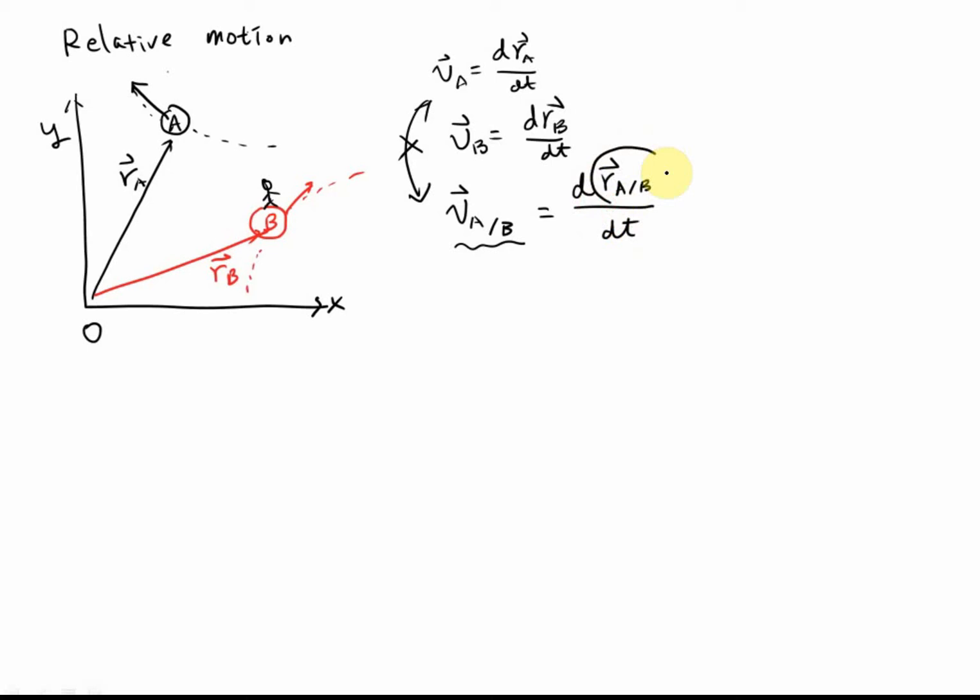So what is this? R of A relative to B is just the vector RA minus RB, right?